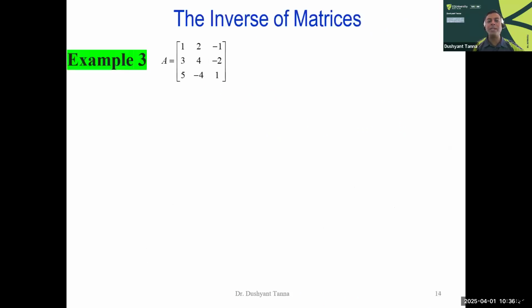So let's look at an example, because it will not make sense if you don't practice it. There are a couple of steps. Let me write A inverse first of all. How do you find it?